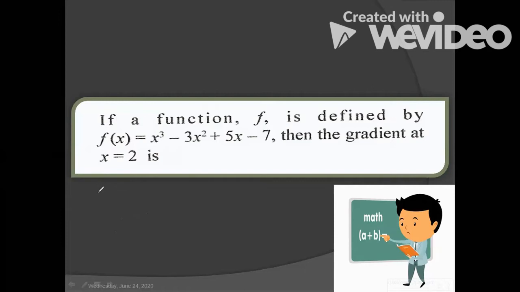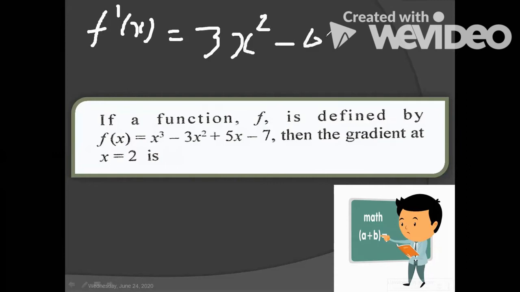We're going to use f prime, and that's going to give us 3x squared subtract 6x. We differentiate 5x, so we get 5. However, when we differentiate -7, we get 0.